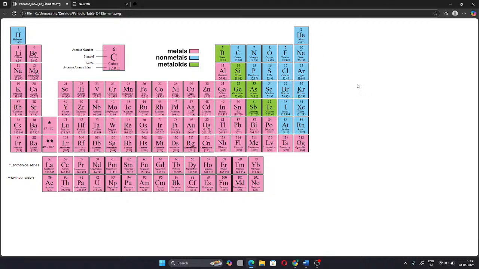Neon has 1s2, 2s2 and 2p6 configuration, and it goes on with the elements below, even having d and f orbitals in their atoms.